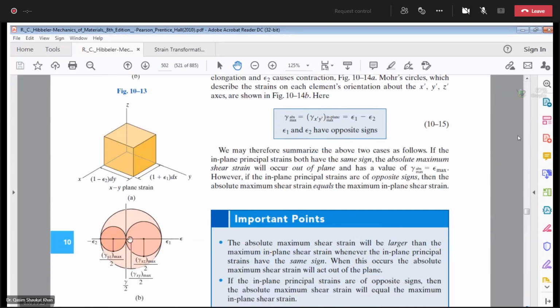Both the absolute maximum shear strain and maximum in-plane shear strain have the same value. Guys, this paragraph is very important with respect to the quiz.